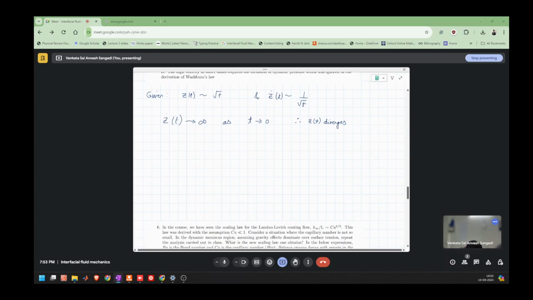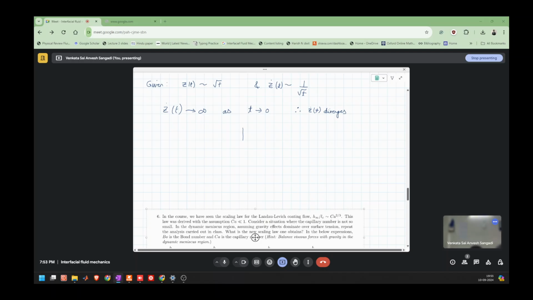But if we look at the tube, we see that the liquid rises up with a high value of velocity z dot of t.